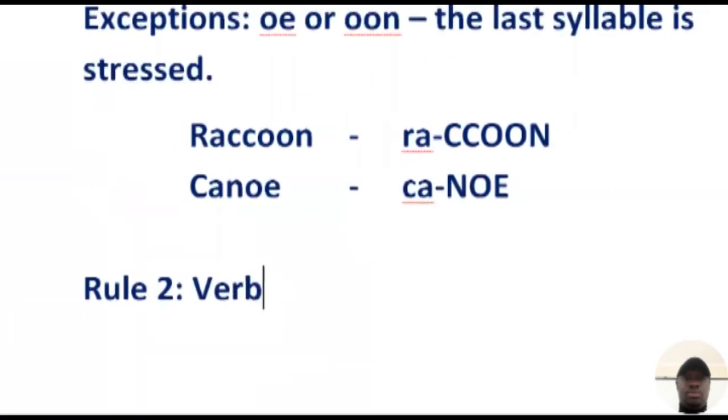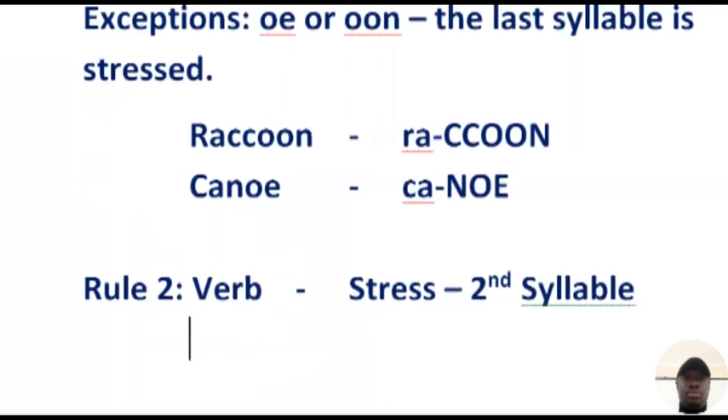If it's a verb, the stress is placed on the second syllable. Defy. This is a verb, to defy, right? Yes. So where do you think I should place that? So you write it this way, defy.